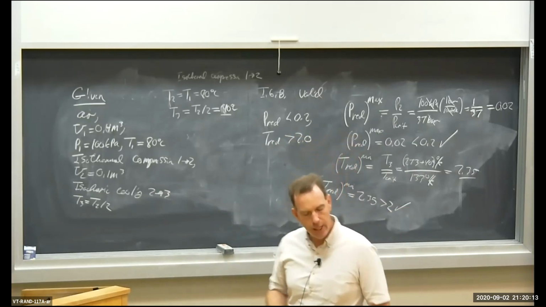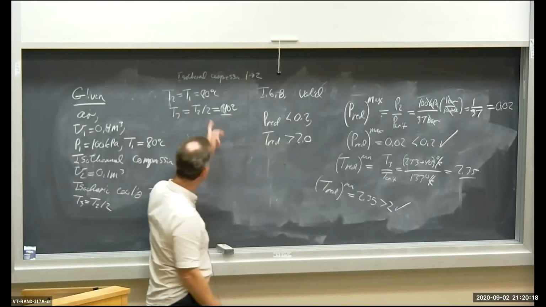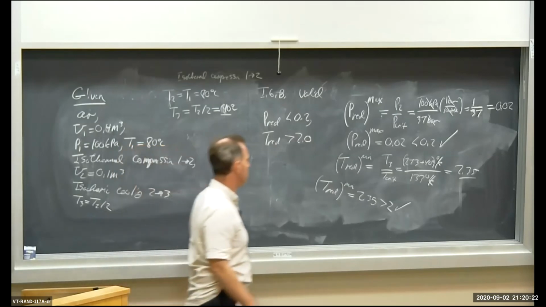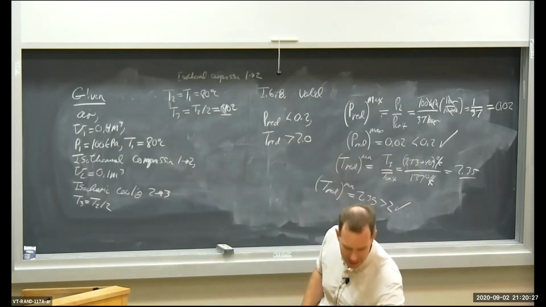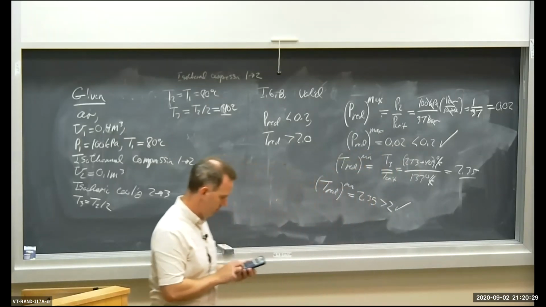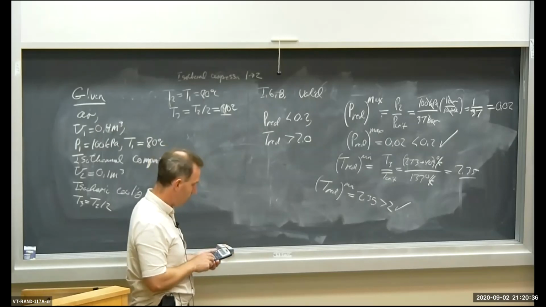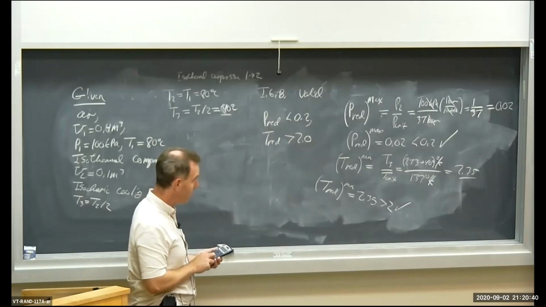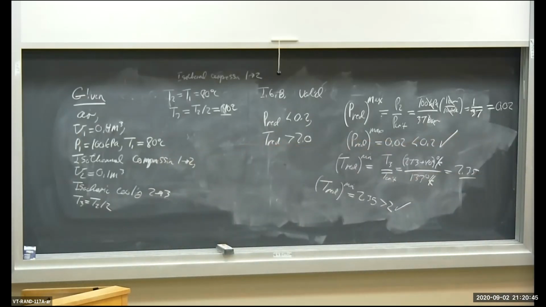If I interpret T3 as half of T2 in absolute instead of centigrade, I get 273 plus 80, 353, divided by 2, 176. 176 divided by 133 is not greater than 2.